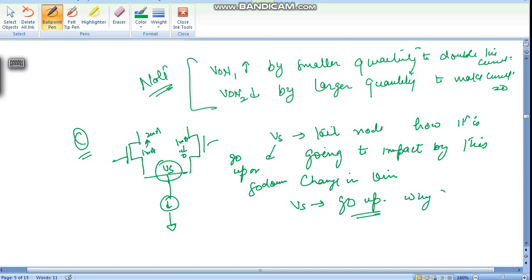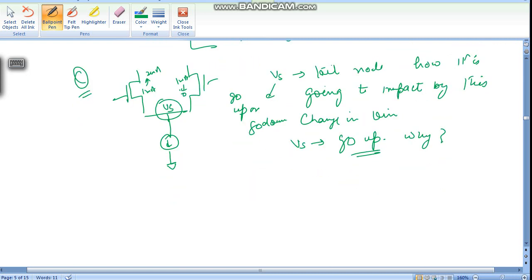Now the question is why. Let's understand this using an example. Say this is VCM and Vin goes up. So the Vin required is 280 millivolt, so Vin by 2 equals 140 millivolt. Now this is going up by 140 millivolt, and this is going down by 140 millivolt.